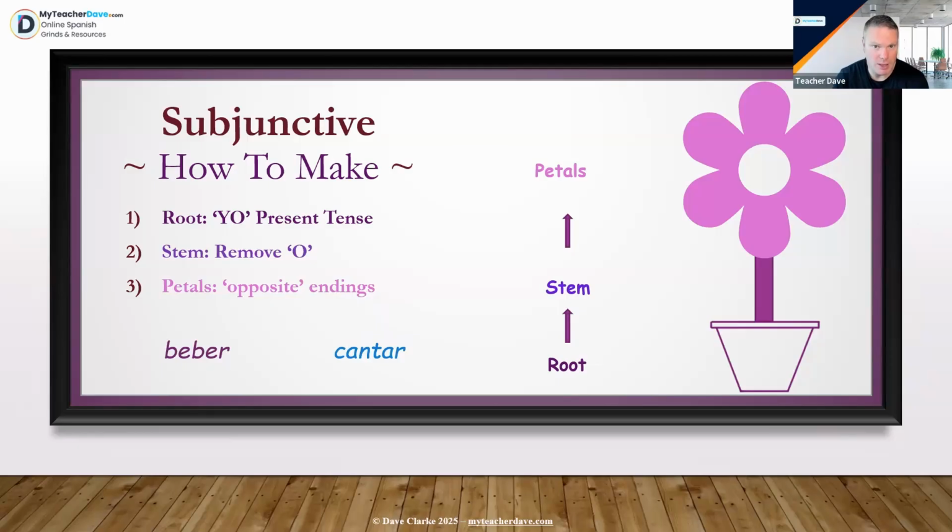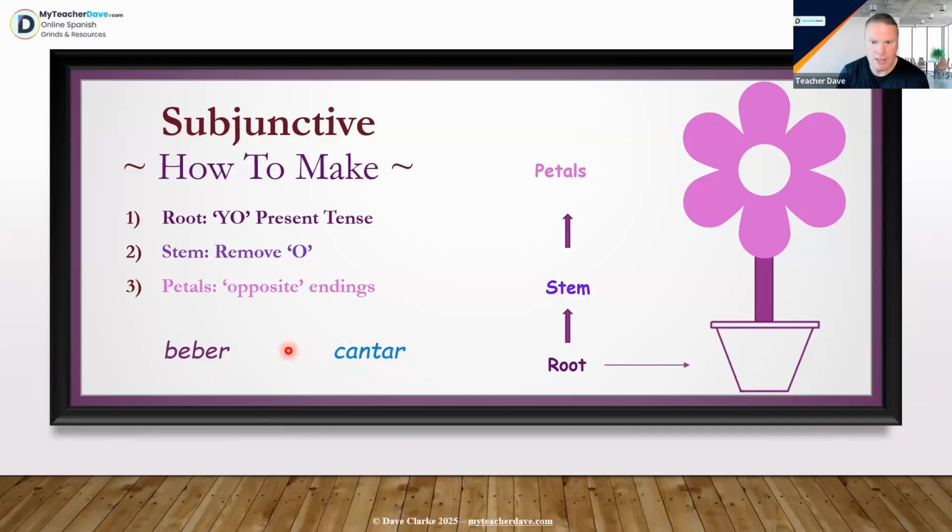Beber, 100% regular ER verb, and cantar, 100% regular AR verb. You'll notice that I have everything color coded as well. We have our ER verbs here, beber, in this kind of dark pink purple color, and we have our regular AR verbs, verb cantar, over here in this blue color. So the colors will help us as we go through this class.